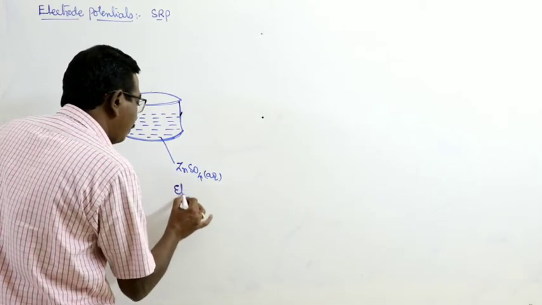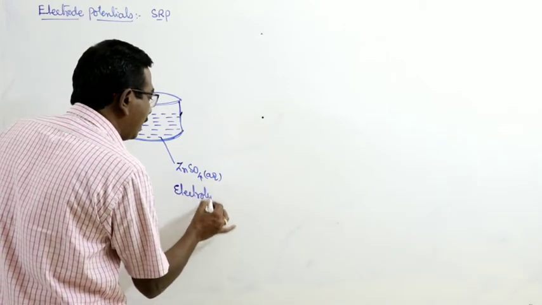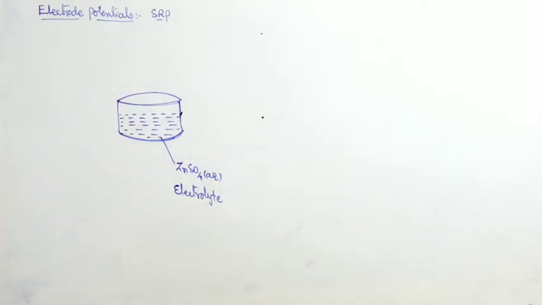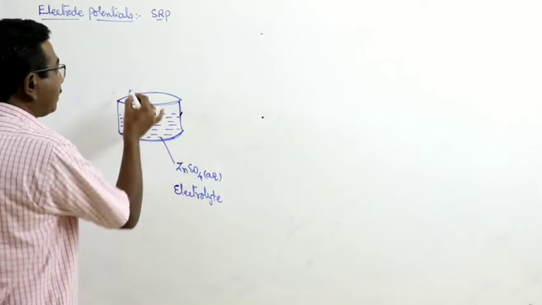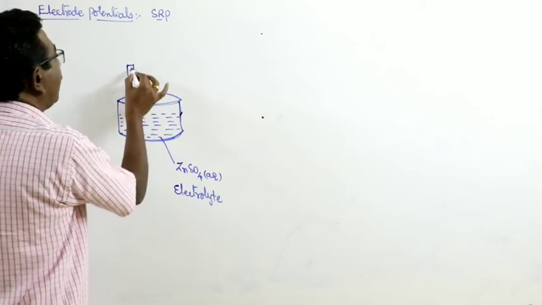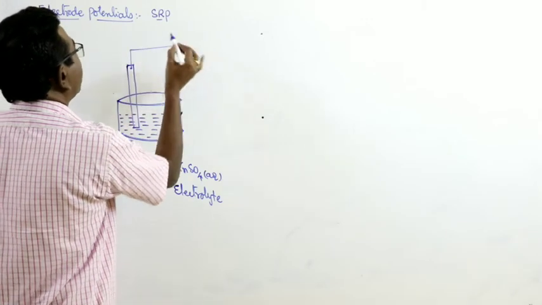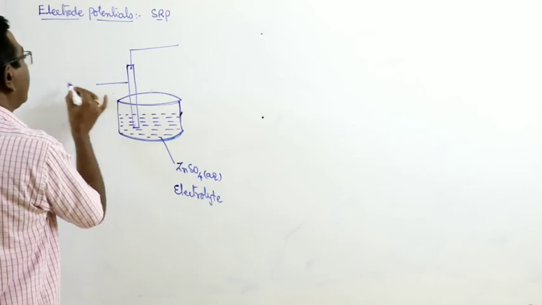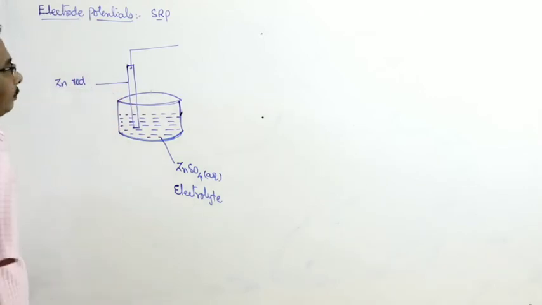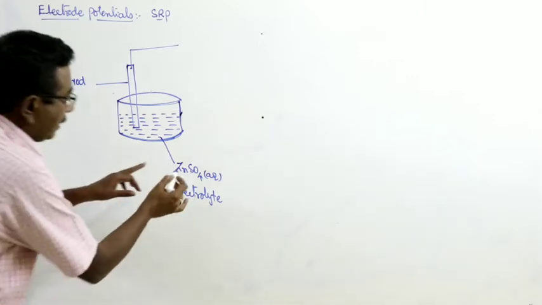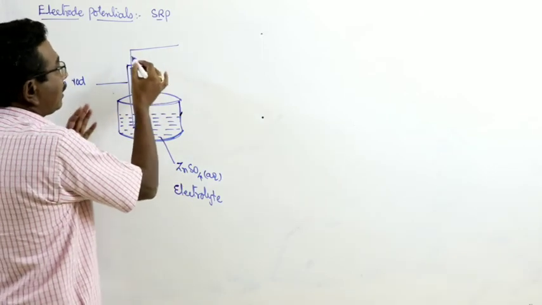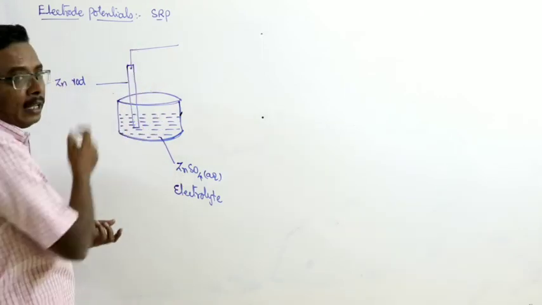Here, this zinc sulfate is considered as the electrolyte. Okay. In this zinc sulfate, I have kept an electrode. Here this is nothing but a zinc rod. The zinc rod is suspended in the electrolyte.